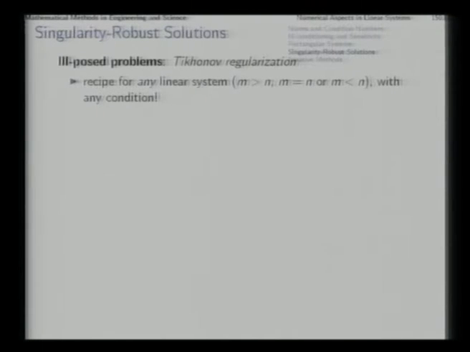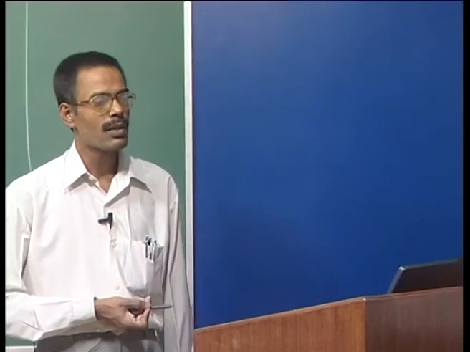But a single recipe will be able to solve all cases of sizes and shapes and with any condition. The way to handle that is to first make the observation that the system of equations Ax equal to b may have conflict. So, in order to handle that conflict, you pre-multiply with A transpose and get this so called normal system of equations, which is certainly consistent. Now, then you say that still the coefficient matrix that we have in hand, A transpose A, may be singular or may be ill conditioned.